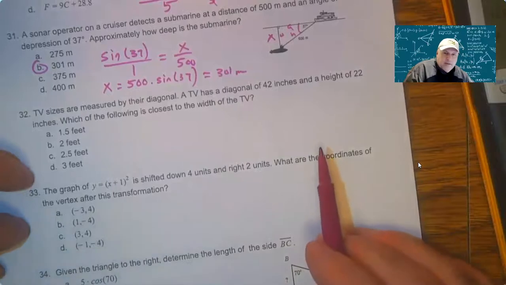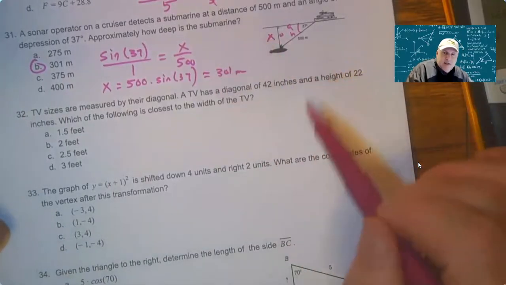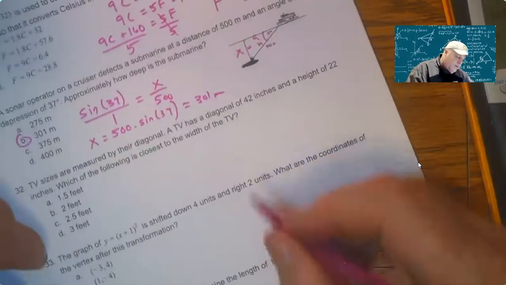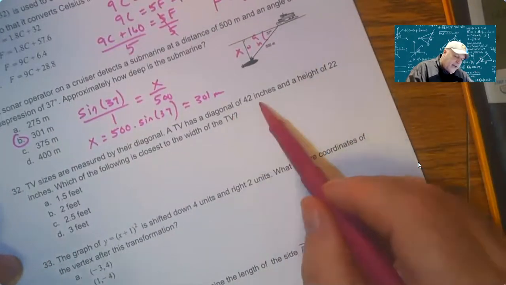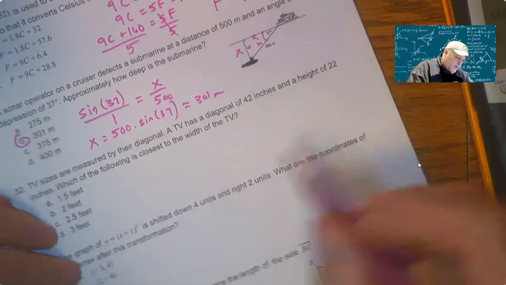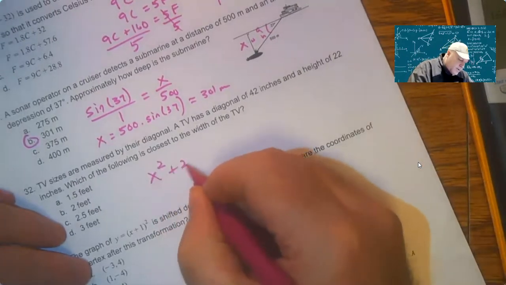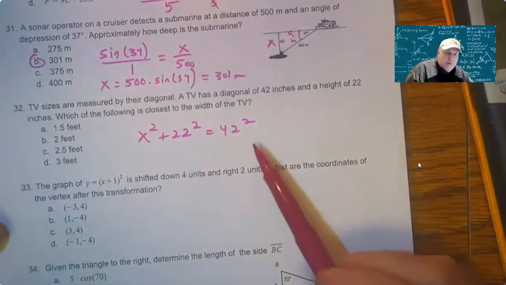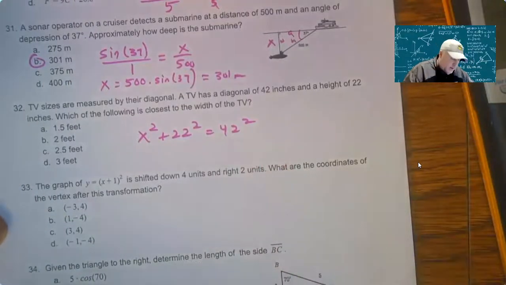Okay, so Pythagorean theorem here, where the sides of the TV are the sides that make the right angle. But so the diagonal is 42. So it's X squared plus 22 squared is 42 squared. Okay, the width is the other side that makes the right angle.